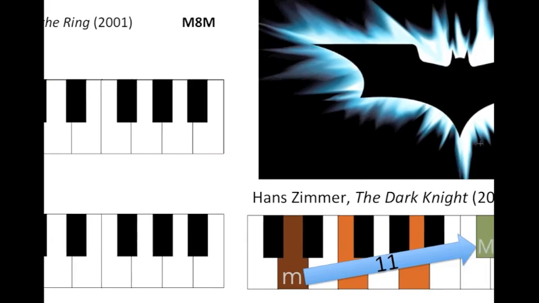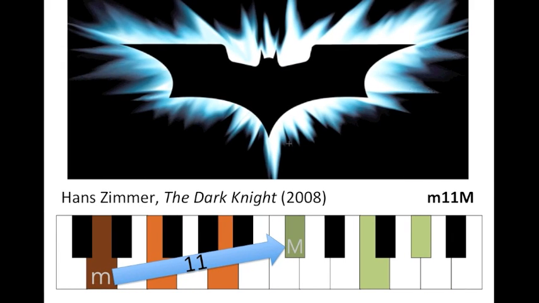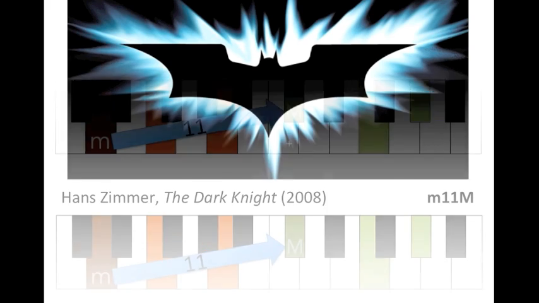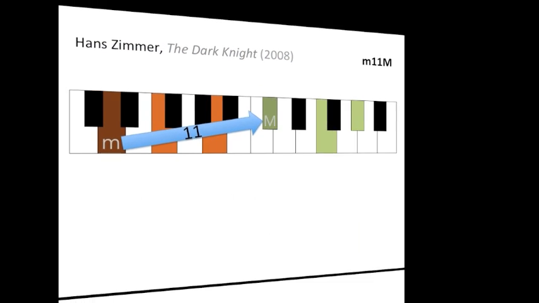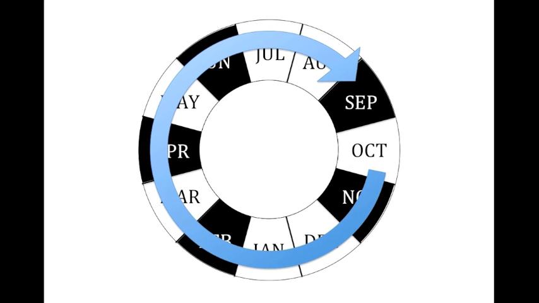Here's another example I used earlier. Parts of Hans Zimmer's score for this movie use a minor 11 major. That number 11 is pretty big, like counting ahead 11 months from October to September is a lot of work.